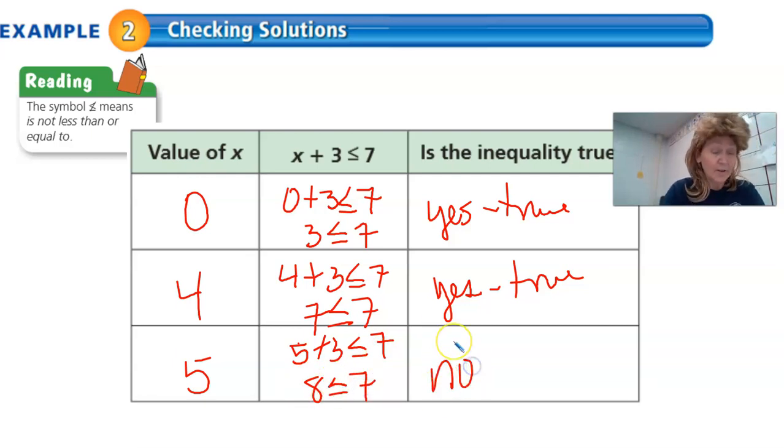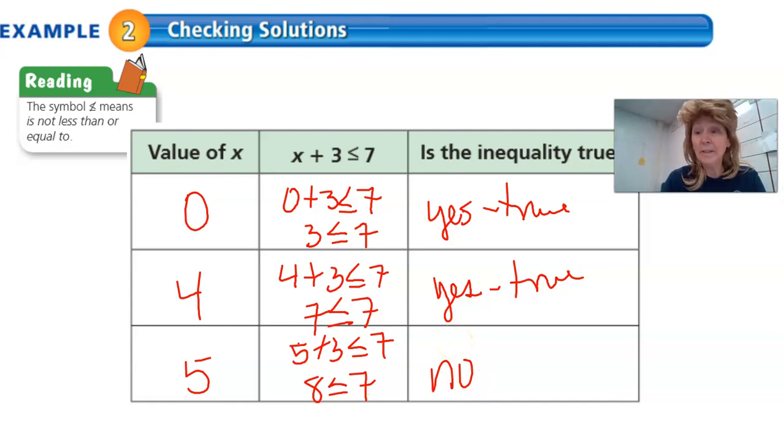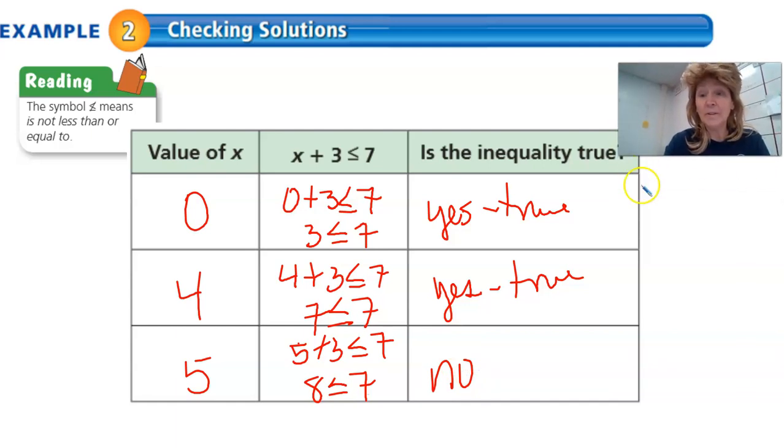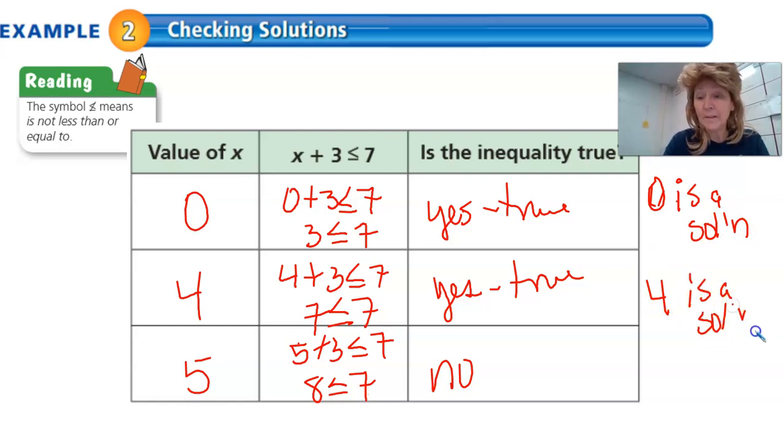No, this one is not true. So I know that 0 is a solution. 4 is a solution. And I know 5 is not a solution.